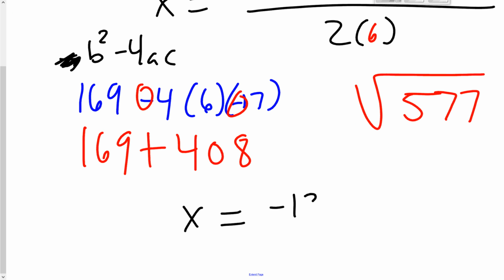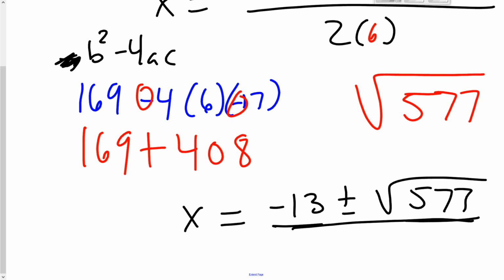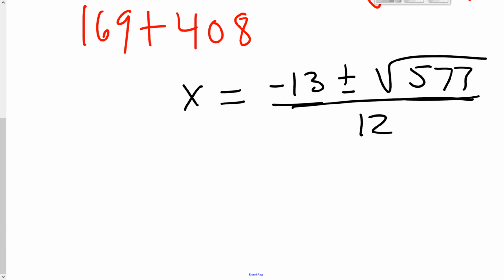Negative 13 plus or minus the square root of 577 all over 2 times a, so 2 times 6 is 12. Okay, then I'm going to take a calculator and figure out what the square root of 577 is. I'll show you later in the next section how to actually solve that.